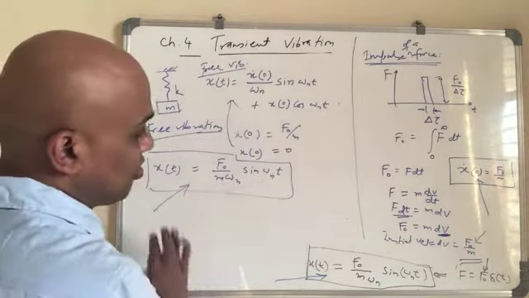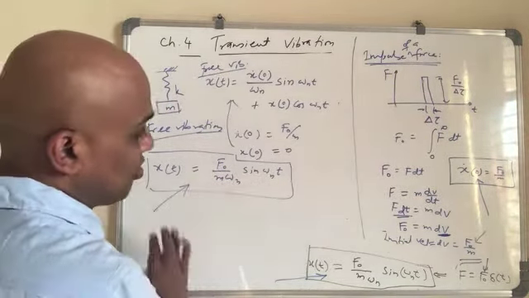Also you should notice the units. If x(t) is f naught over m omega n sine omega n t, and x(t) is in meters, what should be the units of f naught?